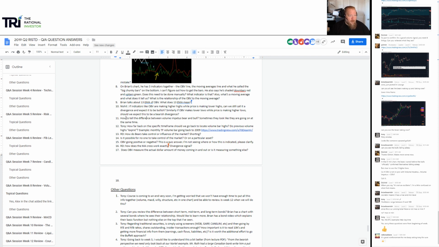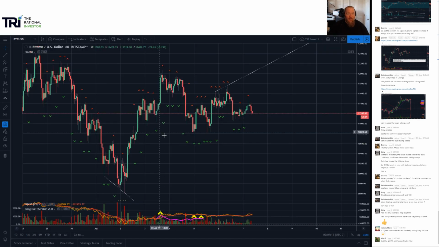Okay, where was I? Okay, how to tell the difference between volume, impetus, bear, and bull. Sometimes they're going at it the same. It's true. So sometimes we will see both camps fall asleep at the same time. Sometimes we will see both camps wake up at the same time. What we're looking for is the times when that's not the case, but that will happen on occasion.